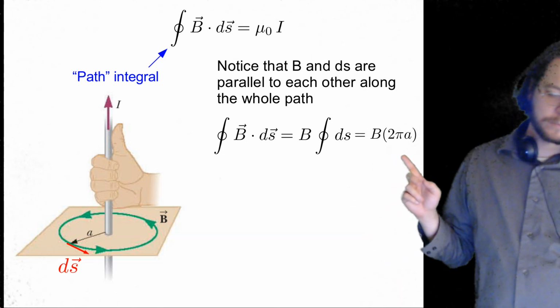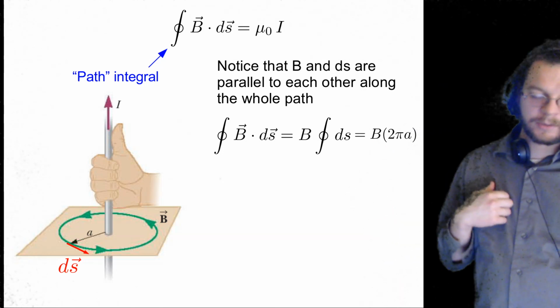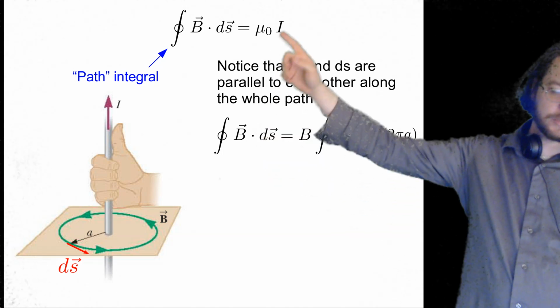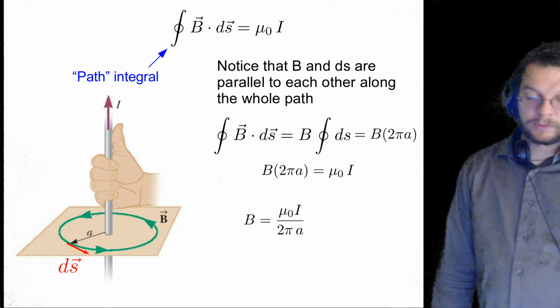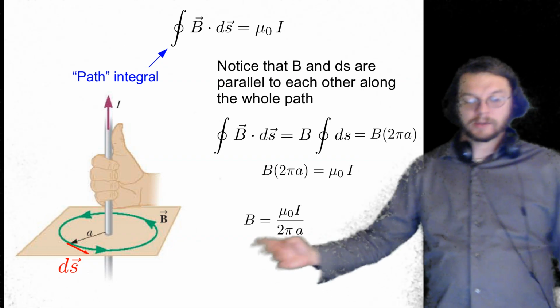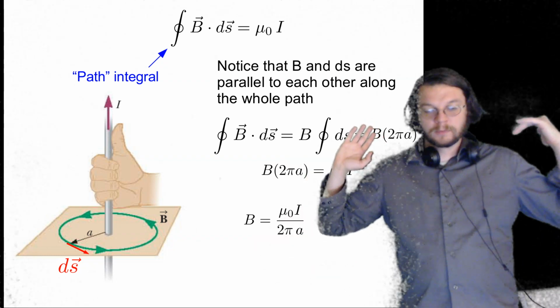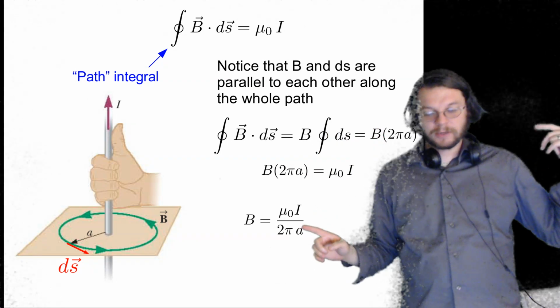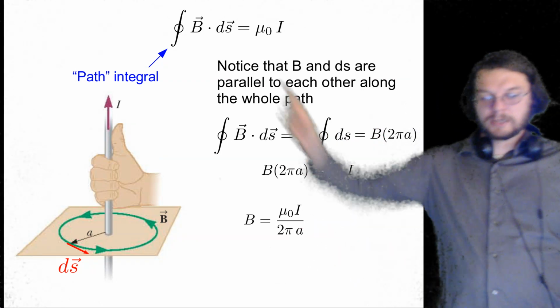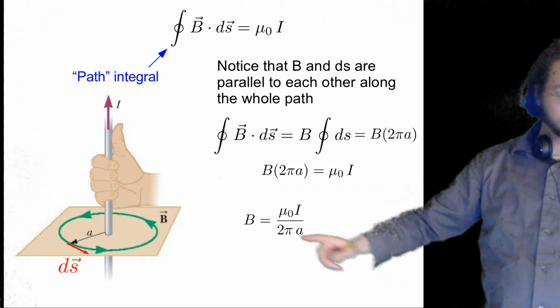So that's what we get. And so we can solve for the magnetic field because this is equal to mu naught I. We find that indeed the magnetic field is mu naught I over 2 pi a, like we had before. It would be very strange if you got something different, right? So this is a viable way of coming up with this.